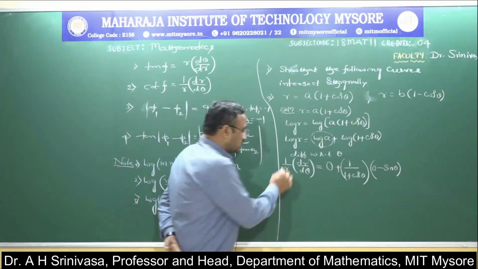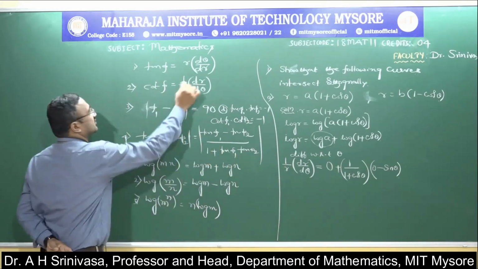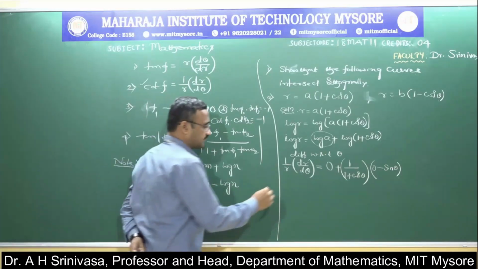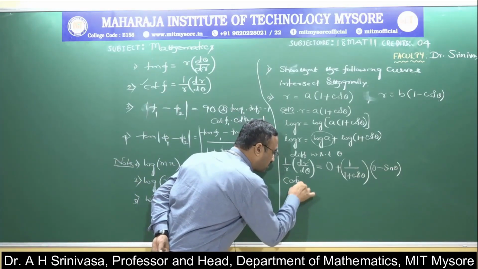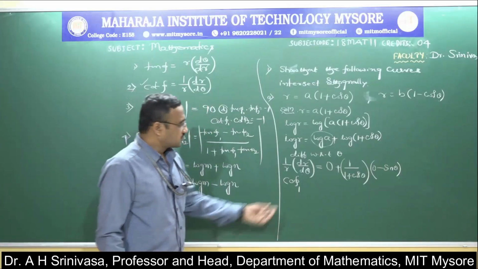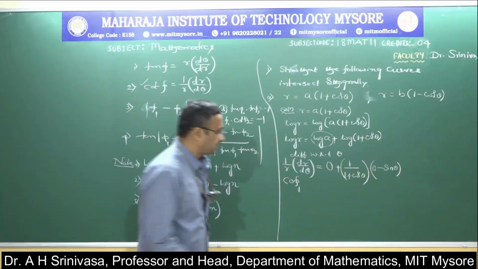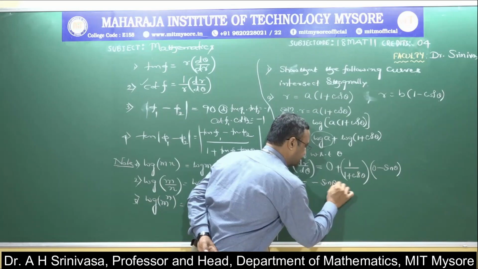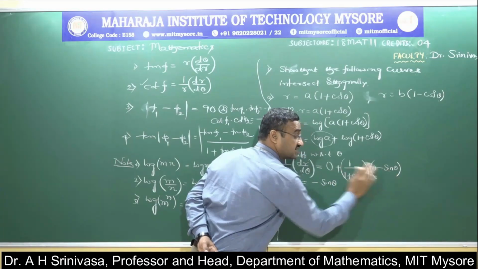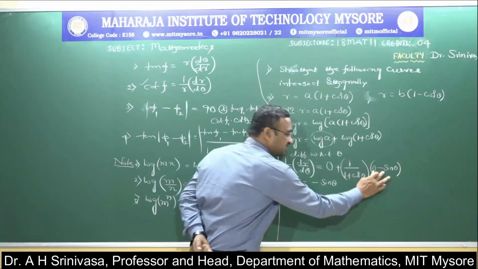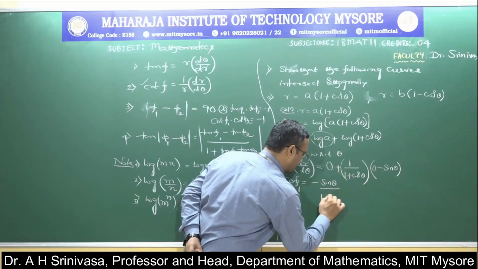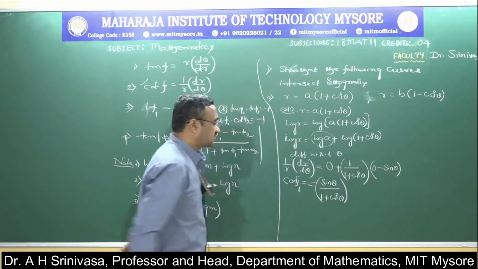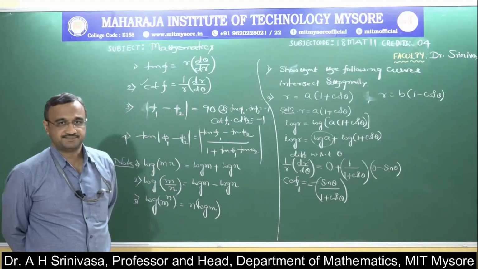Now 1 by r dr by d theta, we use this result: it is cot phi. Call this cot phi 1 because two curves are there. So cot phi 1 equals minus sin theta divided by 1 plus cos theta.